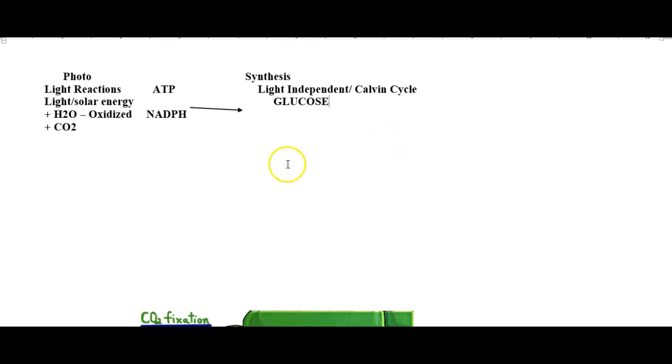Chemical bond energy, so solar energy, alright, chemical bond energy. Right? Somebody understand?